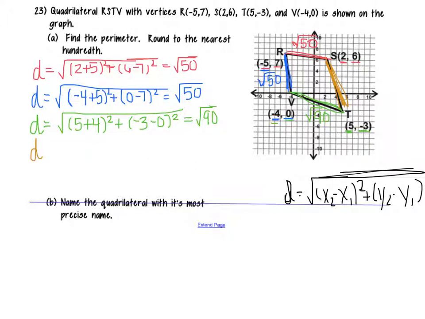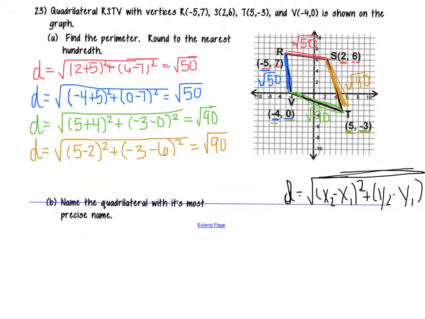And I've got D is equal to the square root of, this time this is going to be my second one, so 5 minus 2 squared plus negative 3 minus 6 squared. So again, I'm going to type all of that in my calculator, and I get the square root of 90.